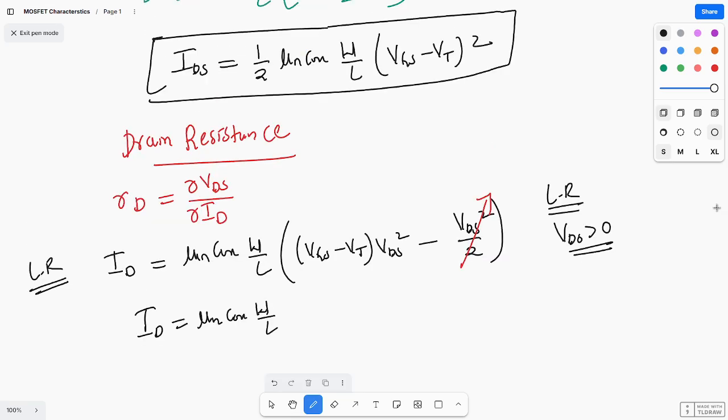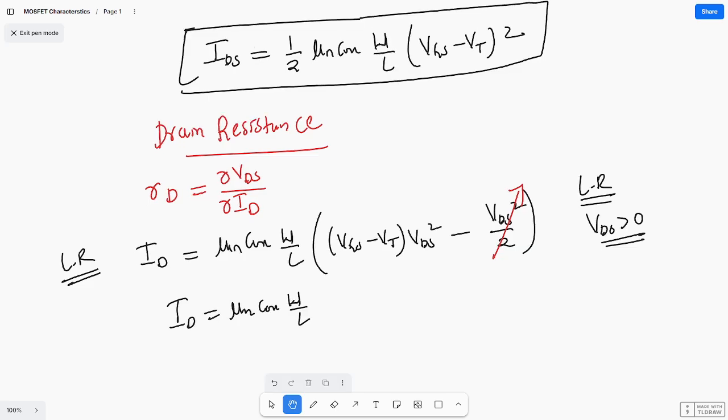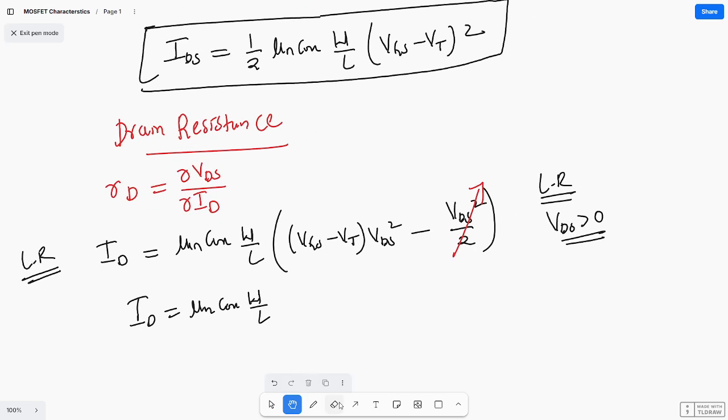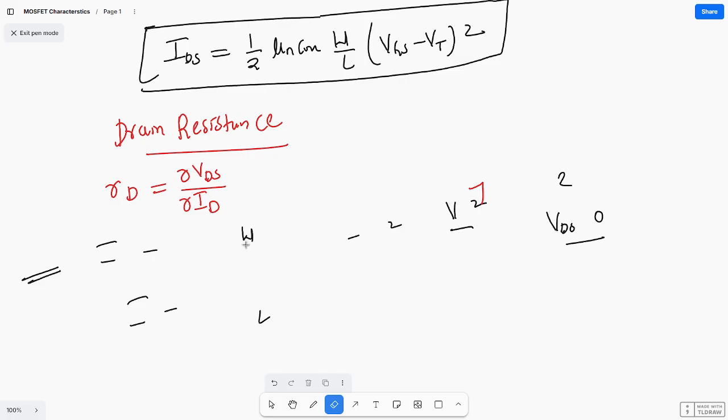In the linear region, here you are getting 2. How can I cancel that 2?